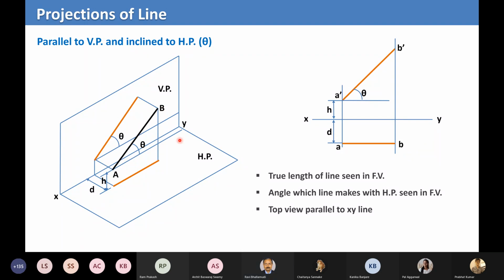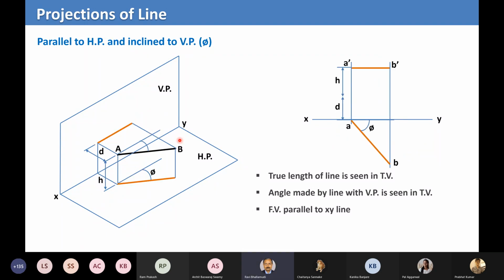Similarly, we'll do the reverse now, which is making the line parallel to the horizontal plane but inclined with respect to the vertical plane by an angle phi. Convention: let us use theta for inclination with the horizontal plane and phi for inclination with the vertical plane.